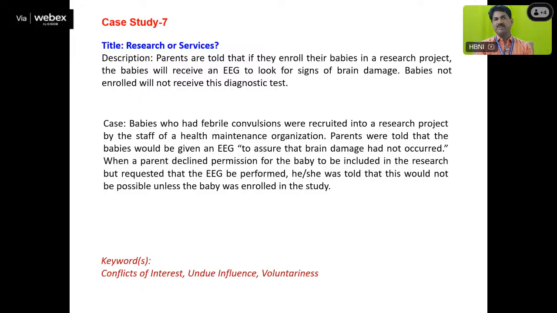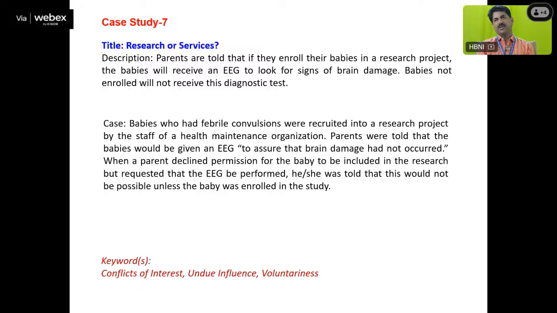And still, if somebody is not interested in being a participant in that research, we have to respect their views and take others for our research purpose. But in this case, the organization really forced all the parents of the babies to be part of the research, so that they could conduct the research.